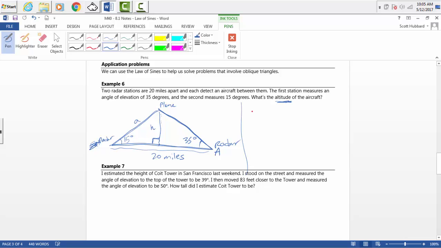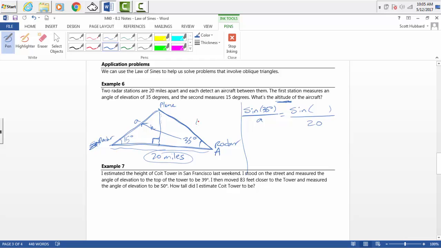So sine of 35 over the opposite side, A, has to equal sine of, now I want to use this side, 20, because I know this side. I don't know this side over here.